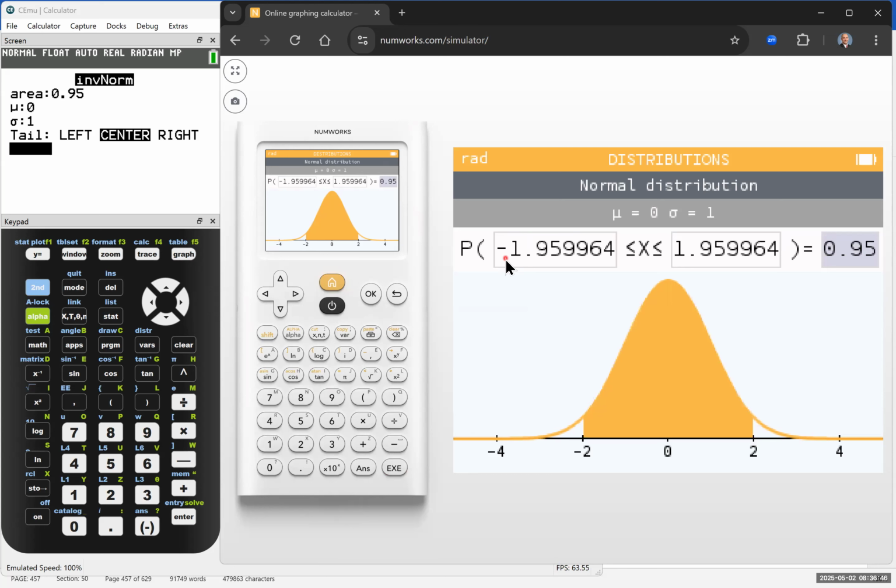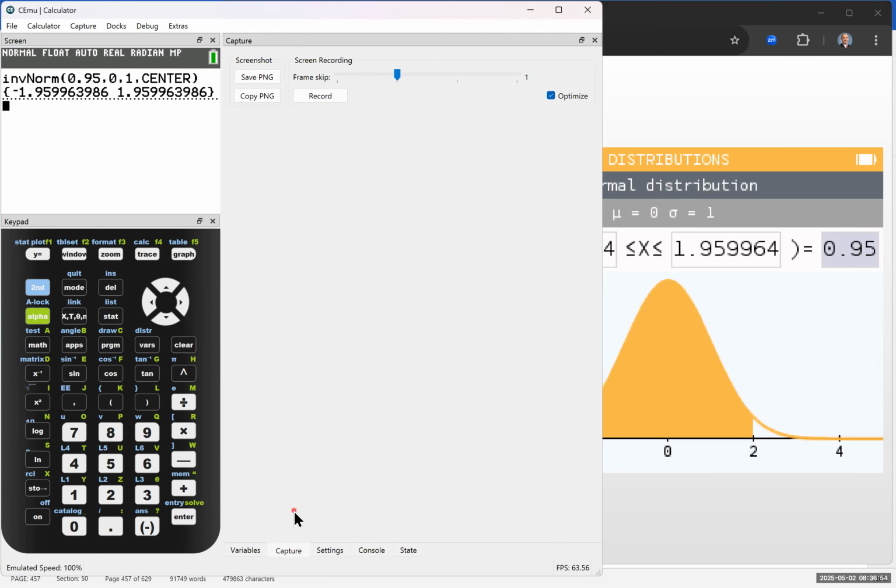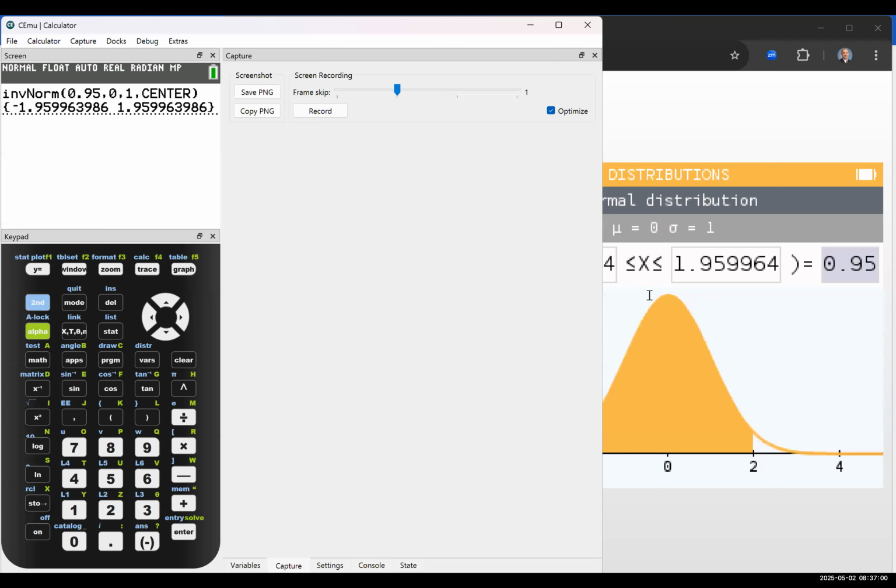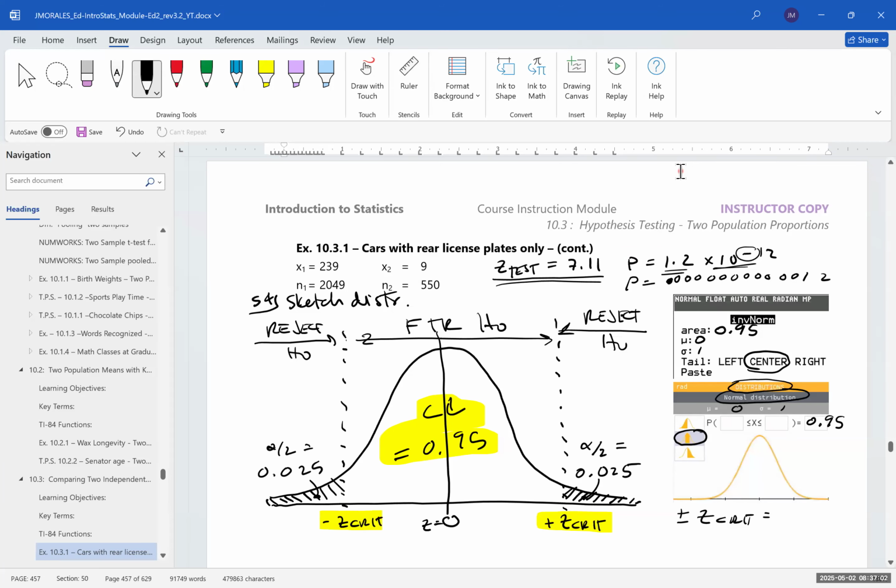Okay, and that gives me positive and negative 1.96. And we should get the same thing here on the Texas Instruments. Yep, positive and negative 1.96. So this critical value is positive 1.96 and negative 1.96.